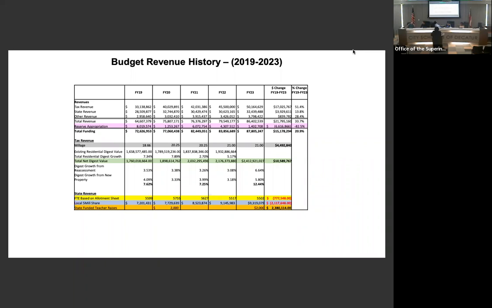So maybe back up. I don't want to get into the weeds of this. What I am curious about is that it says the percent change from 19 to 23 in the tax revenue is 51.4%. So the implication there is we are collecting 51.4% more in taxes, correct? Over the last 5 years. Yes.